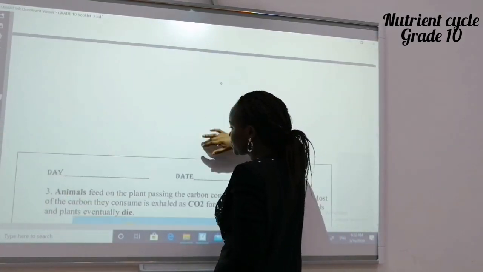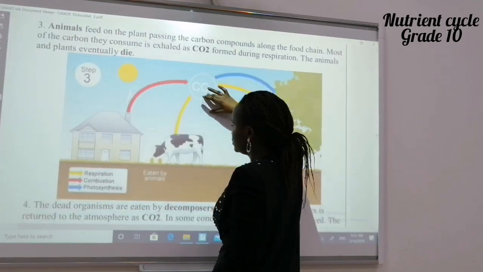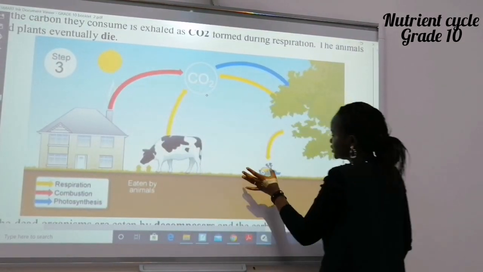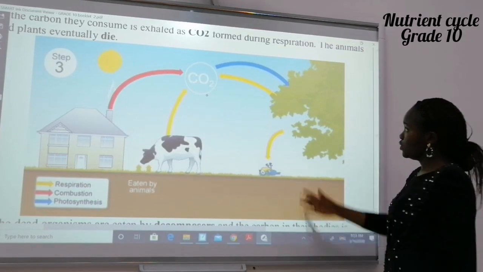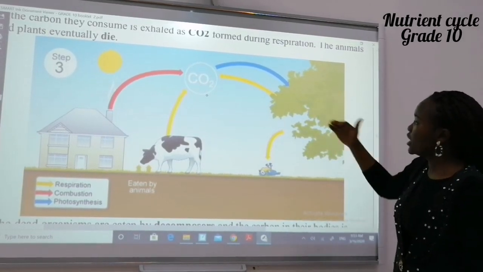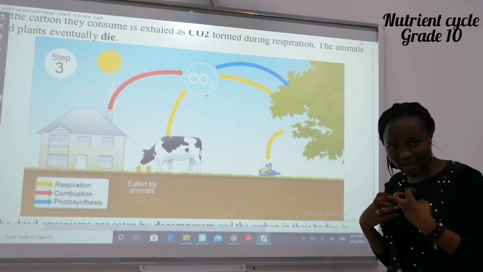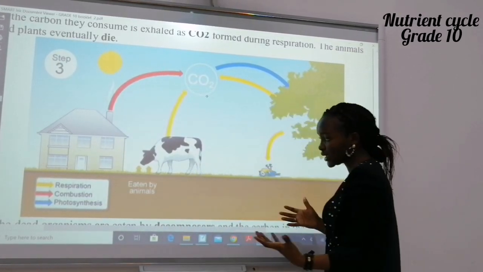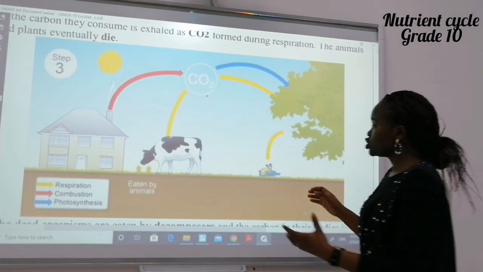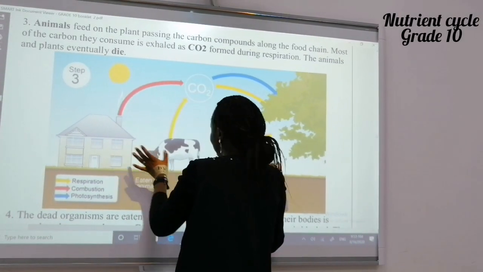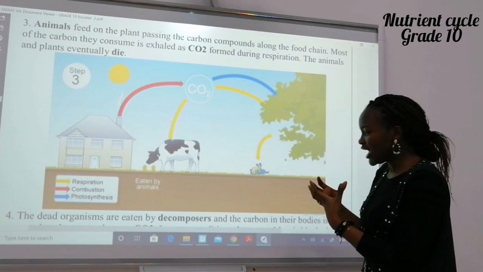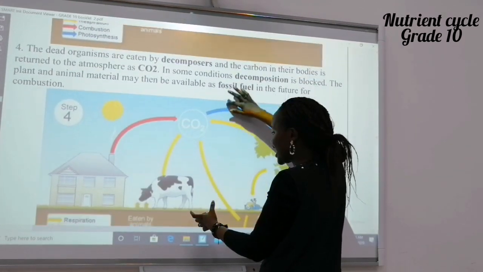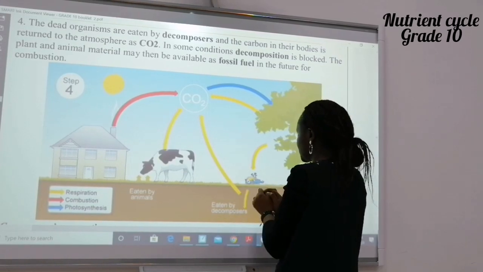Now we go to step 3. Look at this. This animal, and even humans, would feed on the plant. When they feed on it, they take in the carbon. Eventually they die, and when they die they still have carbon. Decomposers then come and feed on the dead organisms.